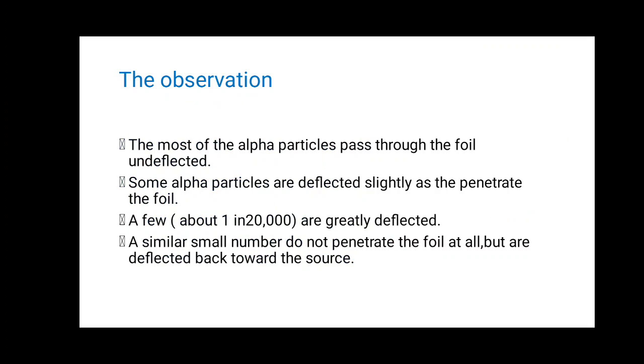When Rutherford bombarded alpha rays on a thin gold foil, he observed that some alpha particles pass through the foil undeflected, meaning they cannot change their path or direction. His second observation is that some alpha particles are slightly deflected, meaning they slightly change direction, and some are greatly deflected.